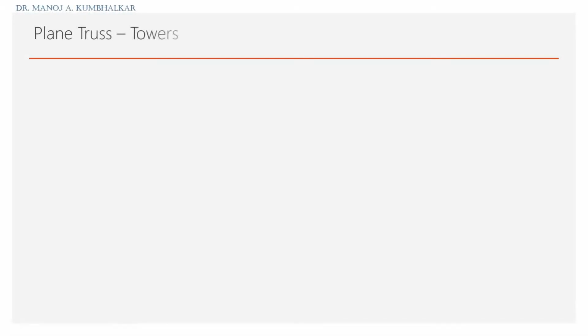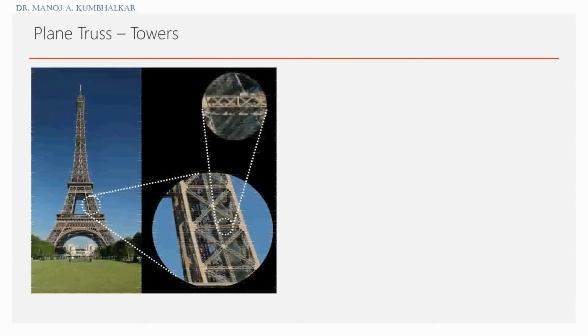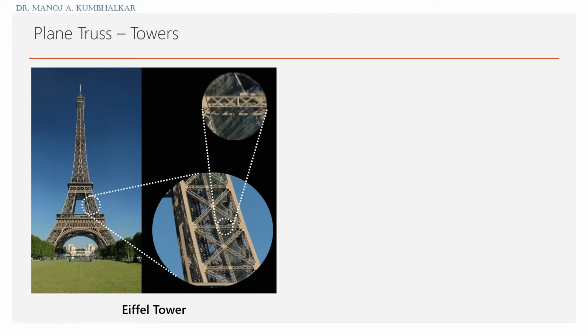The next example of trusses is towers. The Eiffel Tower is one of the 7 wonders of the world. That tower is made with the help of straight members.